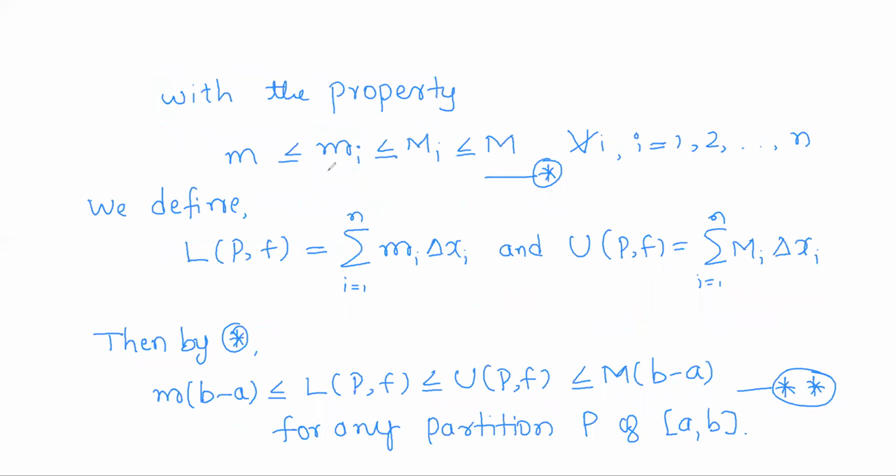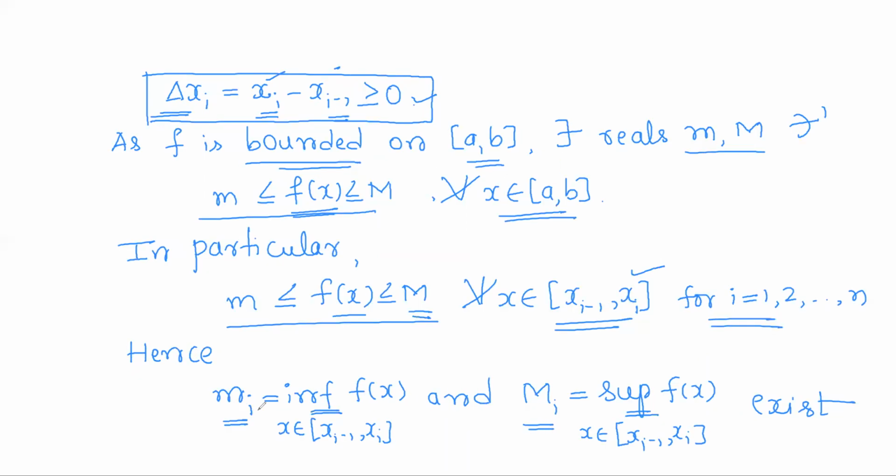So next, we observe that m is less than or equal to m_i less than or equal to capital M_i less than or equal to capital M. This is because m_i is the infimum of these numbers f(x) as x varies over this closed interval, and m is one of the lower bounds. So m_i is the greatest lower bound and m is a lower bound. So what is the relation?